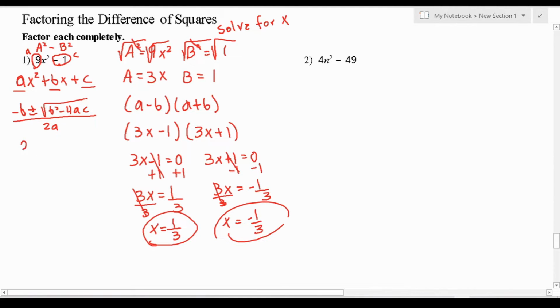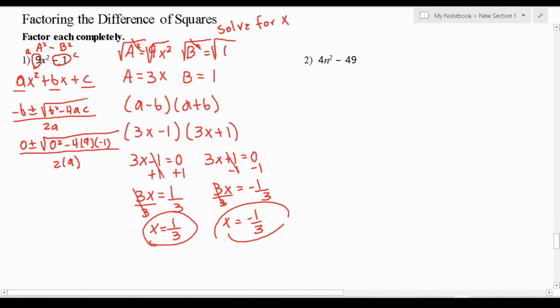So this becomes 0 plus or minus the square root of 0 squared minus 4. Again, a is going to be 9, as I mentioned, and c is going to be negative 1, all over 2a. Again, a is 9, so 2 times 9. Let's keep working this out.